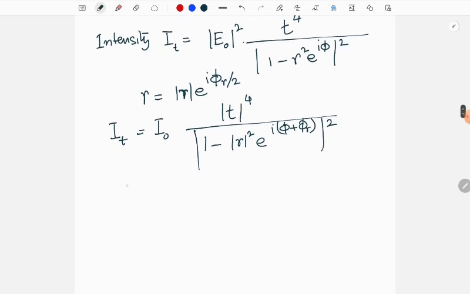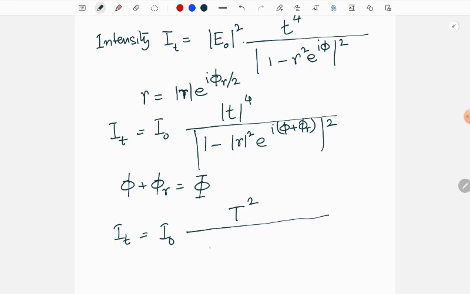If we name phi plus phi r as some capital Phi, the total phase change, then IT is I0 capital T square, where T is the transmittance as we call it, by mod 1 minus R e to the power i capital Phi, squared.